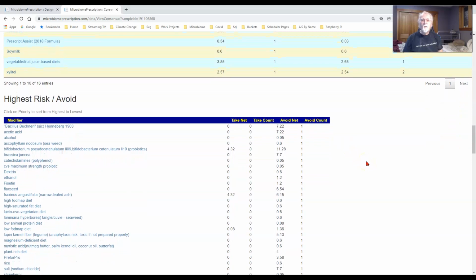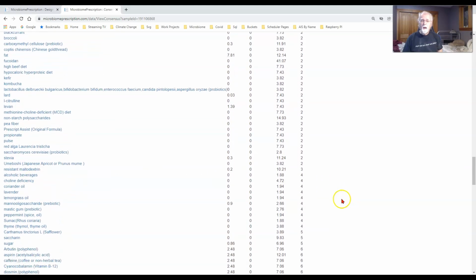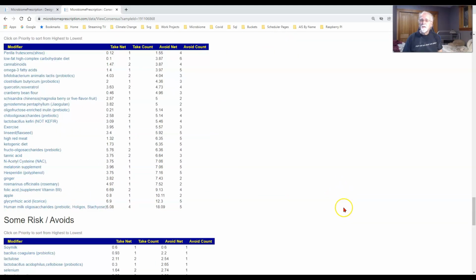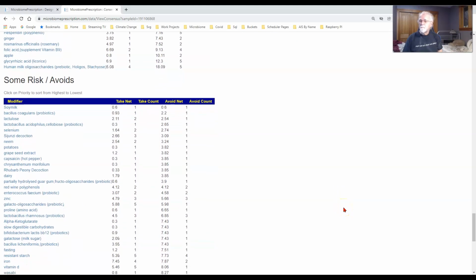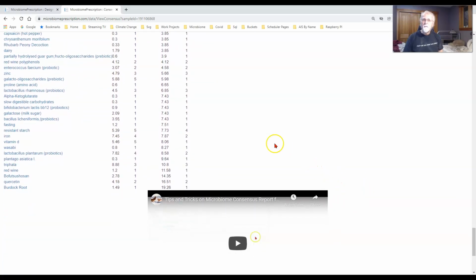And then we have the high risk, and these are things where you should definitely avoid. And we go down here, and you see occasionally gets things like, oh, wait a minute, that's a probiotic. In some cases, that's a probiotic you're taking, which is making things worse, probably. And then down here, the same aspect as above. So it just goes and lists things there.